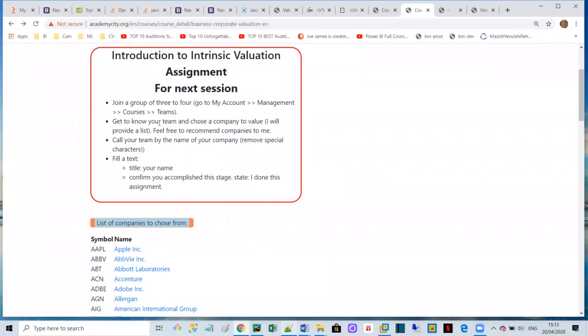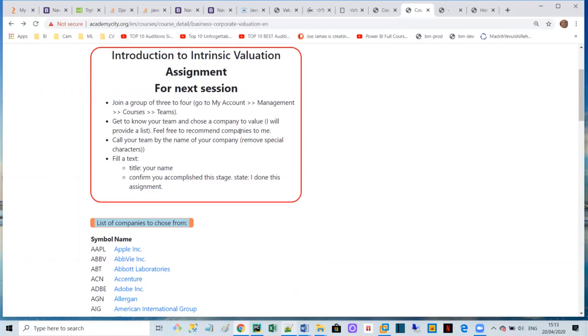Basically, pick up a group of 3 to 4, I recommend 3, okay? I will allow you only to put 3, and in a minute I will show you how you do that, okay? And I will upload a video to the Moodle, how you join a group, or how you structure a group.